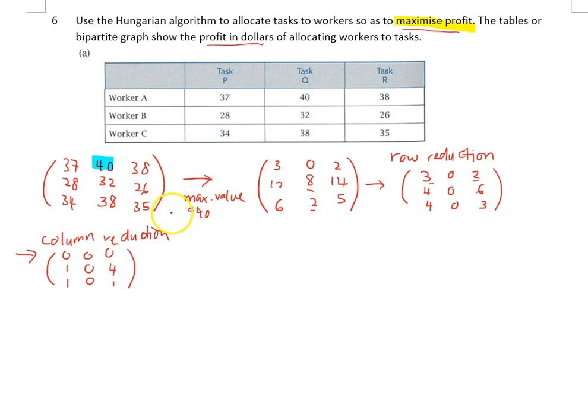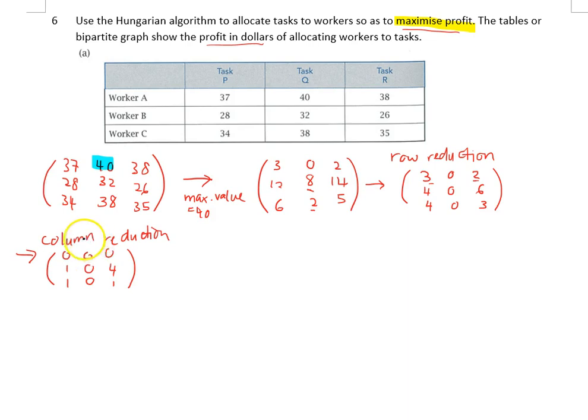Next step, whether you can find the solution is based on the number of lines. So I find the number of lines. You check where the 0s are. 1, 2, 3, 4, 5. There are 5 zeros over here. You want to draw lines using the minimum number of lines to cover all these 0s, so either a column or a row where you have the maximum number of 0s.